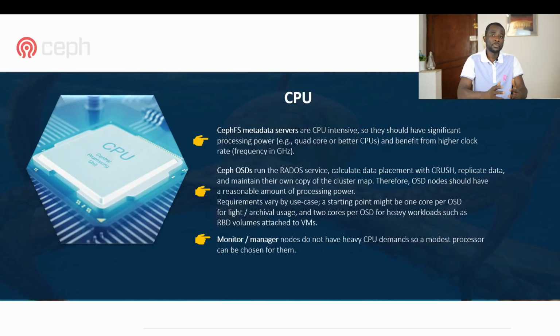We will first talk about the central processing unit, the CPU, for the metadata server, for the monitor, and also for Ceph. For the metadata server, you have to know that it's a very CPU intensive node.